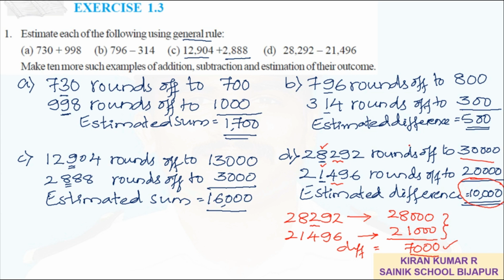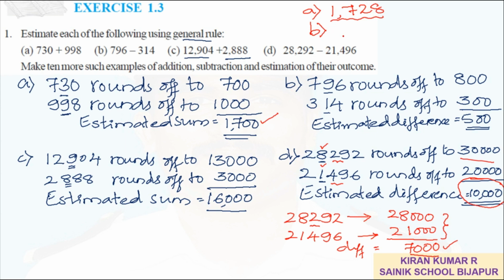Alright, let me cross check whether I have done a correct thing or not. Here, for the first one, what is the actual sum? 730 added to 998, the actual sum is 1728. This 1728 is nearer to 1700, so my answer is right.